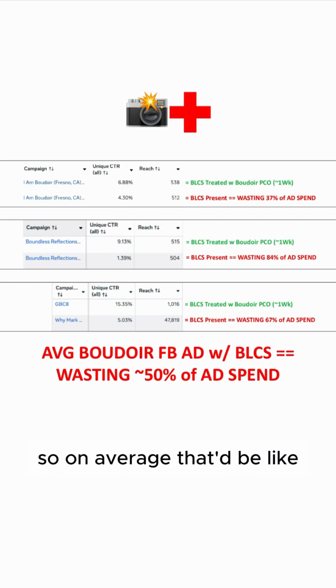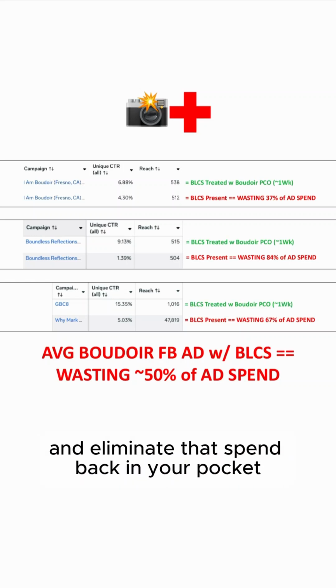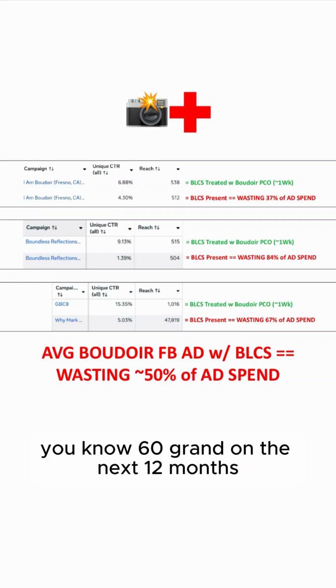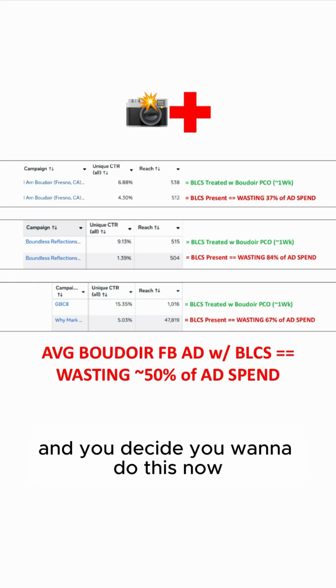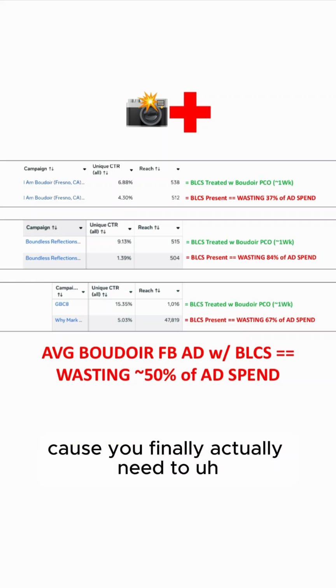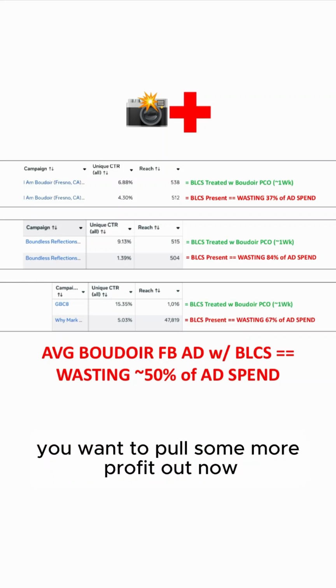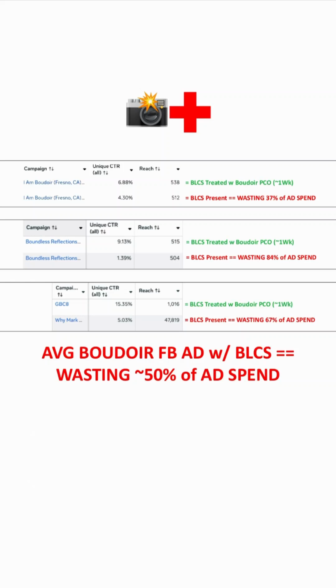On average, that'd be like 5K a month in eliminated ad spend back in your pocket, and that'd be 60 grand in the next 12 months. And you decide you want to do this now because you've optimized the other parts of your business, you want to pull some more profit out now, then shoot me a DM when my DMs are open for new patient intake.